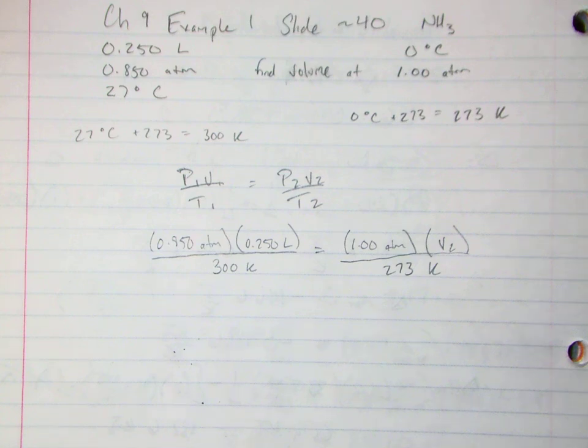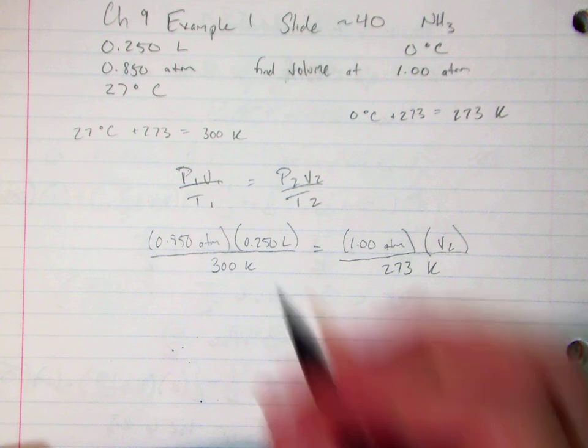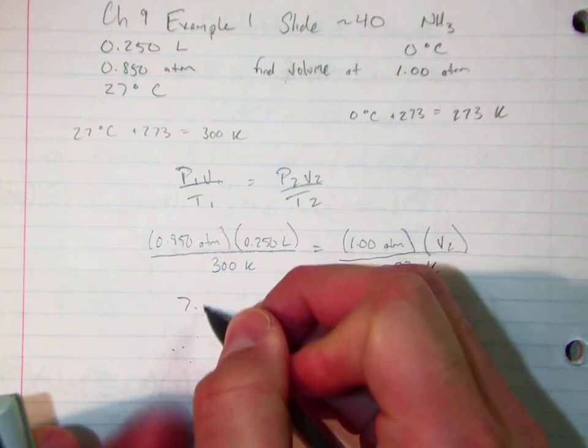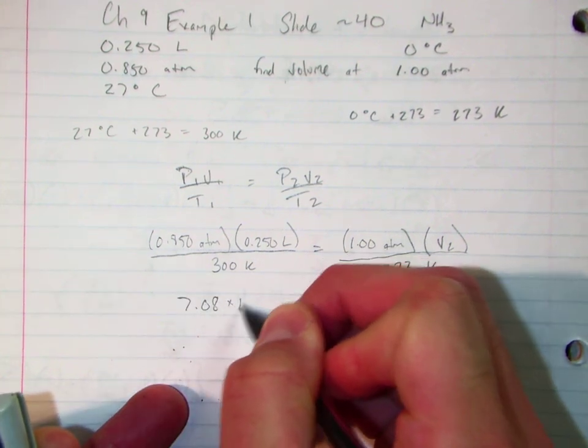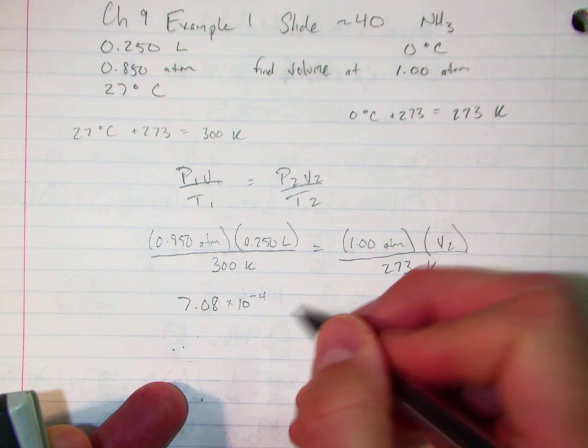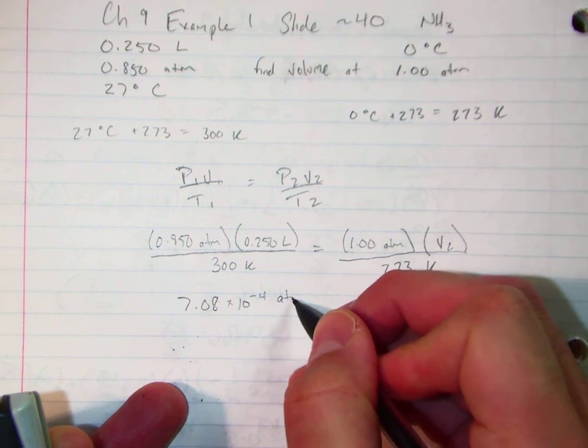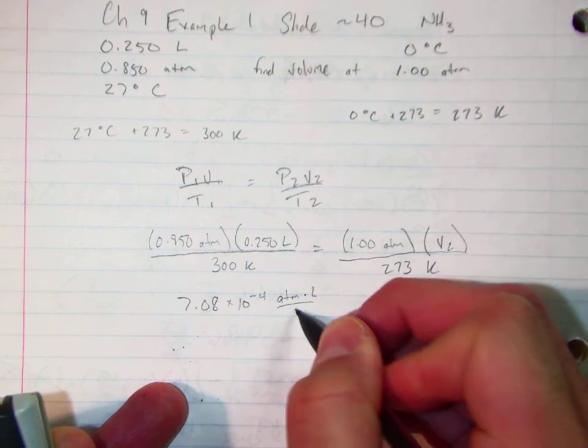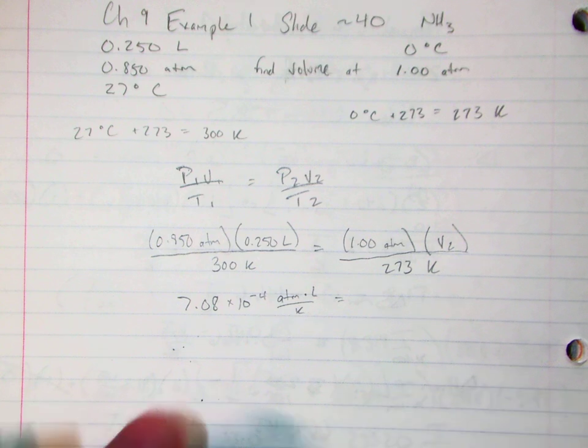Okay. So I'll plug everything on the left-hand side, 0.85 times 0.25 divided by 300. Yep. That gives me 7.08 times 10 to the negative fourth. Now if I'm tracking my units there, it's atmospheres times liters over Kelvin equals 1 over 273.